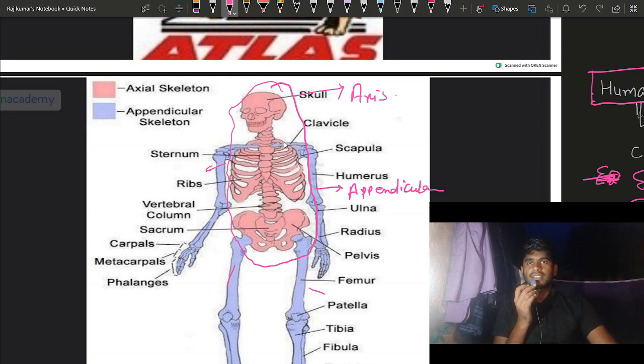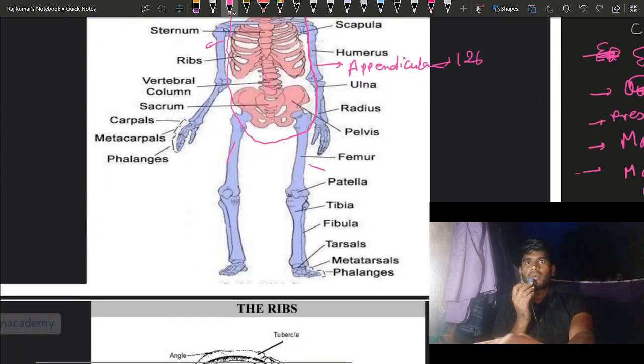So this whole red region is known as what? Axial. That means its total bone count is 80, and appendicular is how much? 126. Okay, let's understand what I am saying.